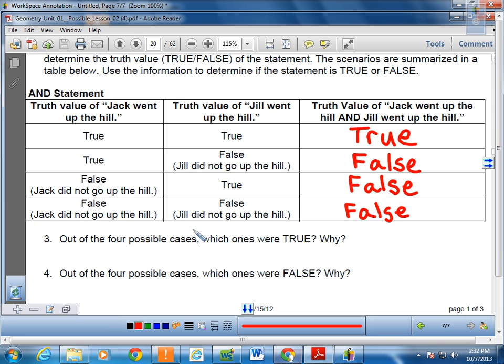Out of the 4 possible cases, which ones were true and why? Well, only the first one was true because they both went up the hill.